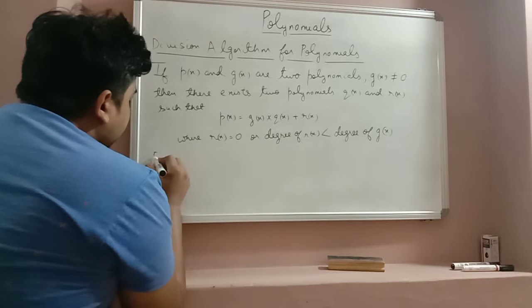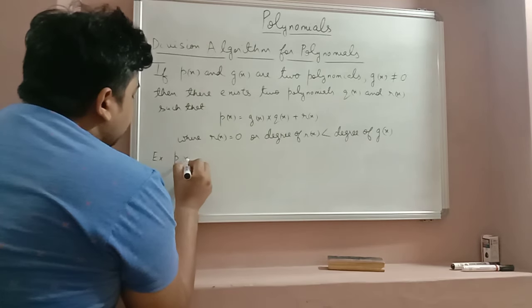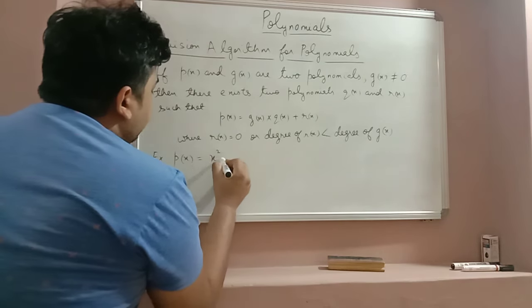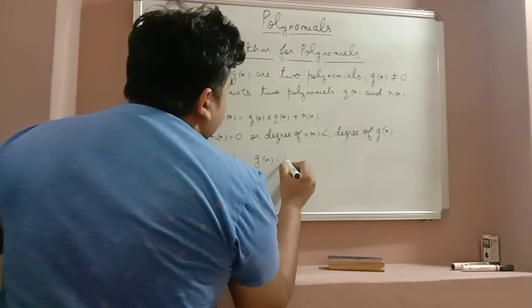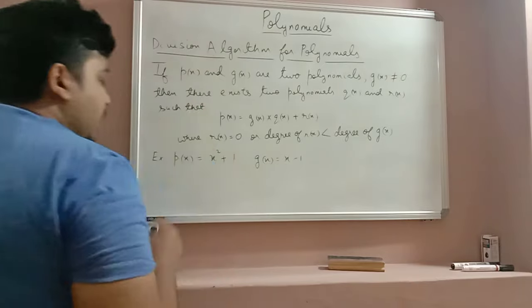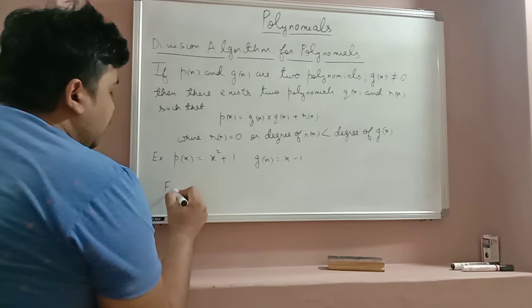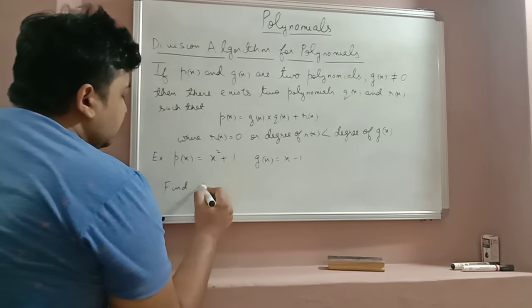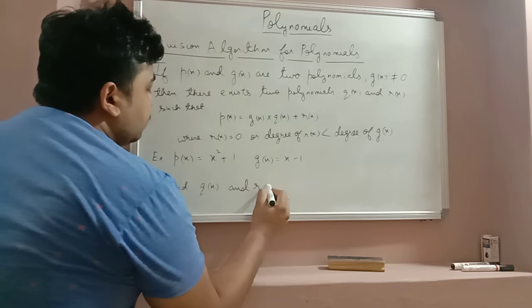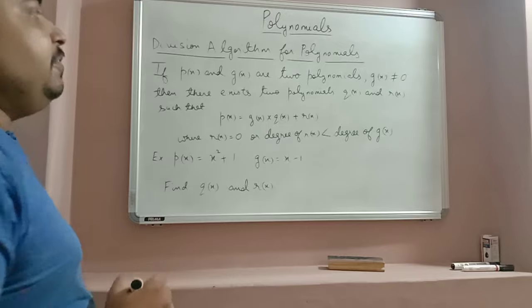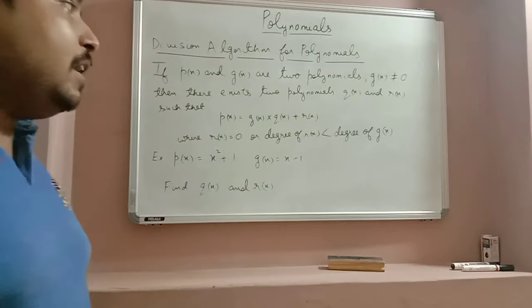Suppose, let me take p of x equals x square plus 1 and g of x equals x minus 1. Now I try to find q of x and r of x with the help of division algorithm. Let's see how we can do this.